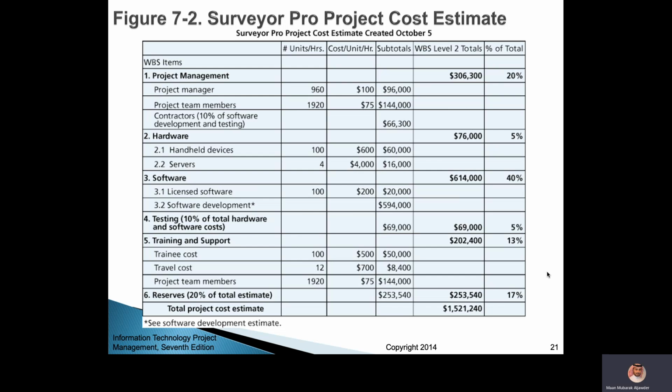Then you see the counts of units, the cost in dollars per hour, then some subtotals, and then a summary of some of the items in the work breakdown structure, and then the percentage total.